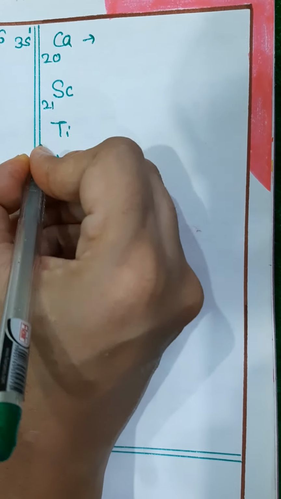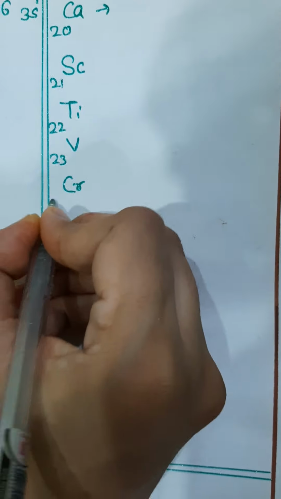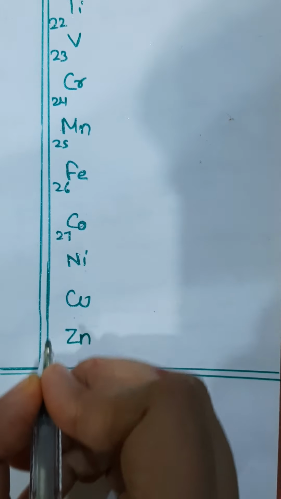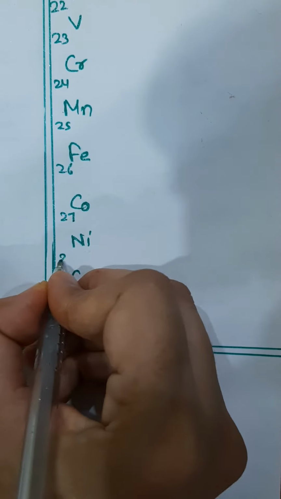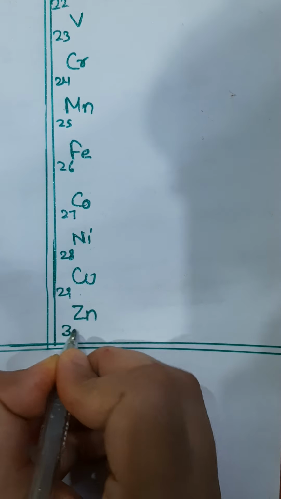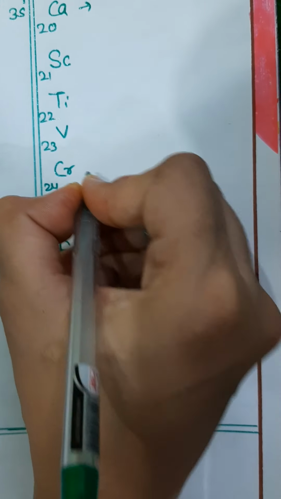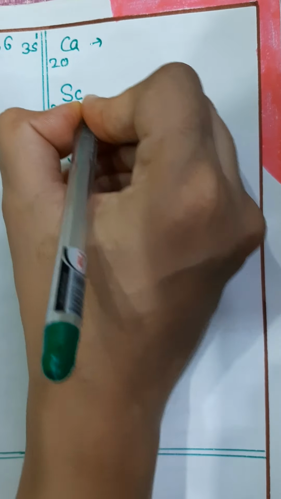Mention their atomic numbers: 24, 25, 26, 27, 28, 29, 30. Now we write the electronic configuration, meaning the distribution of electrons in different elements.